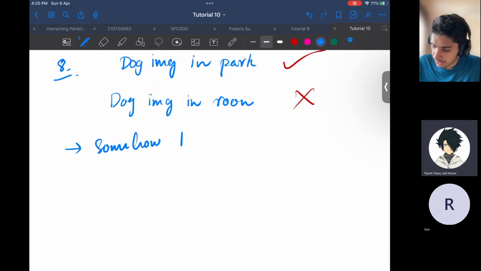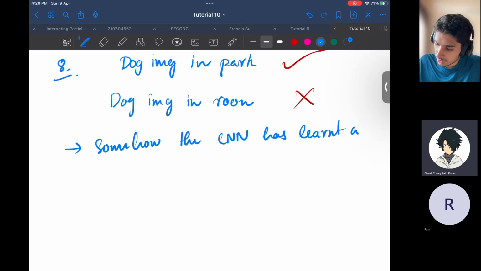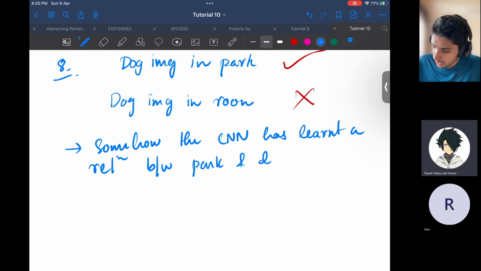Somehow, the network, the CNN, has learned a relation between park and dog. Let's say you have trained this classification problem on some data set, and the data set has a lot of images of dogs in parks, whereas it has very few images of dogs inside a room.